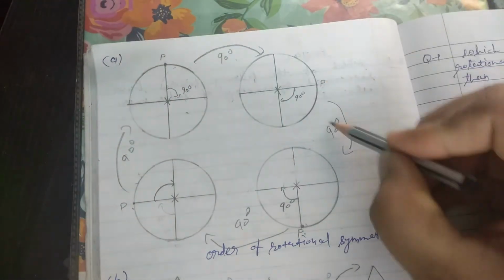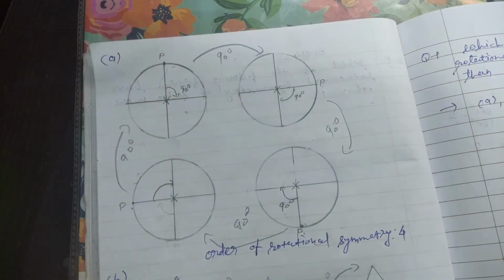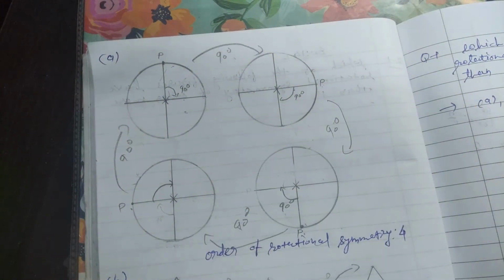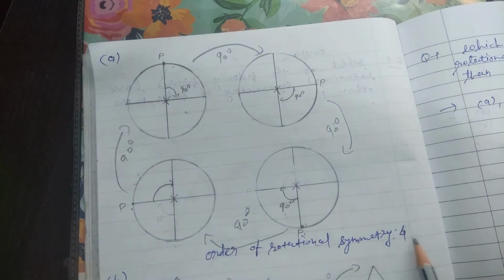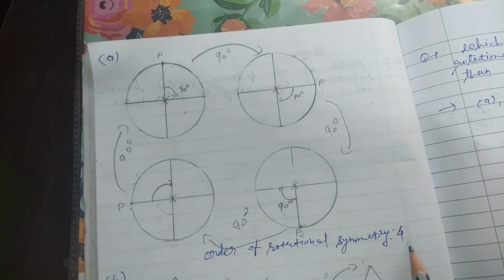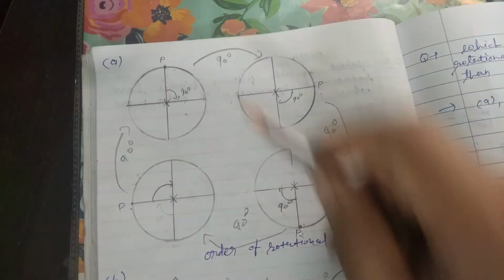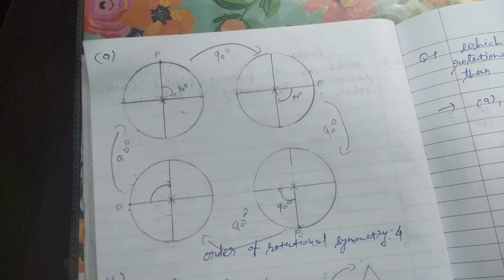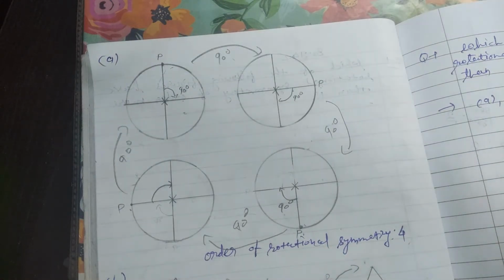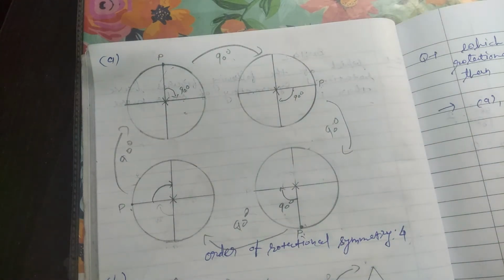It is 1, 2, 3 and 4, and therefore this figure has rotational symmetry of order 4. Order of rotational symmetry is 4. Angle of rotation is 90 degrees. And if we ask the direction of the rotation, we can say it is clockwise.